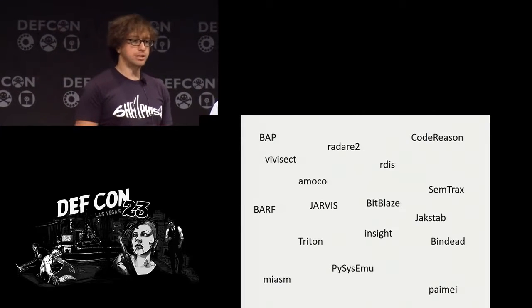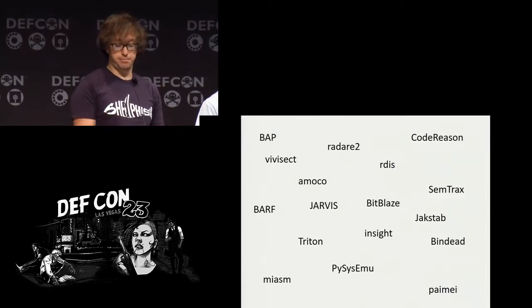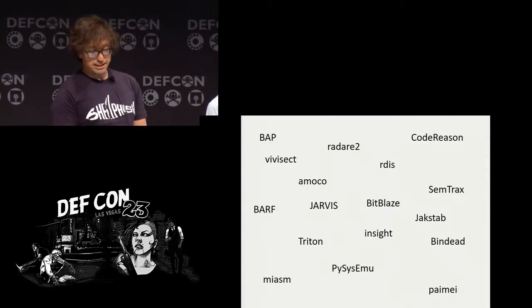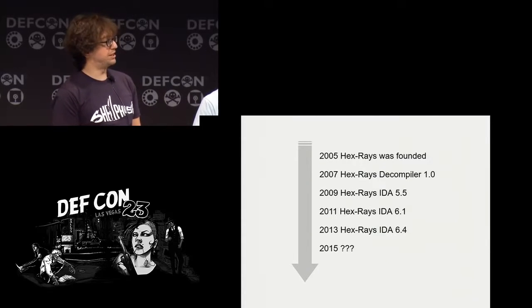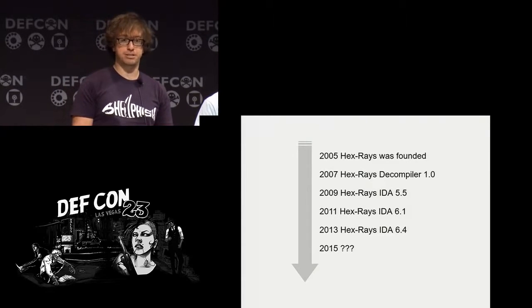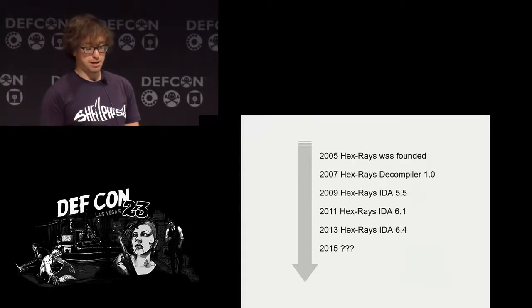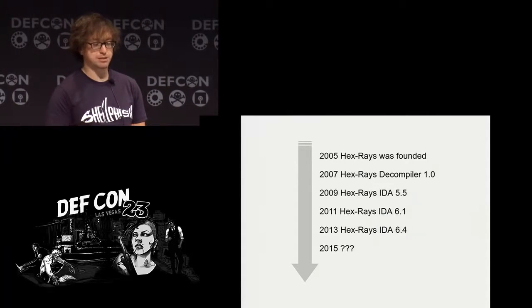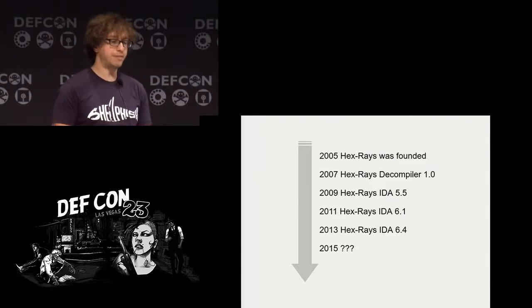When we started angr about 2 years ago, there weren't this many. There's still some. But then and now, in the end, everyone ends up staring at binaries in IDA. So IDA, since it came out in about 2005 or so, or Hex-Rays was founded in 2005, IDA has been kind of the de facto binary analysis tool that everyone uses.